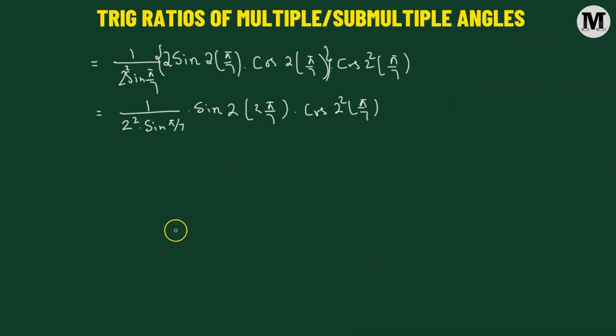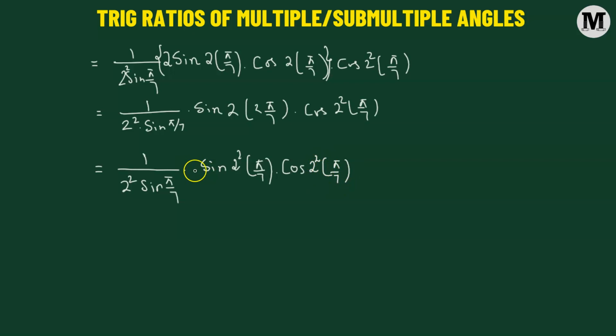So let's rewrite it. So we have now 1 divided by 2 squared times sine pi over 7 multiplied to sine 2 squared times pi over 7 multiplied to cosine of 2 squared times pi over 7. And finally, we're going to multiply with one more 2 and also divide by 2.